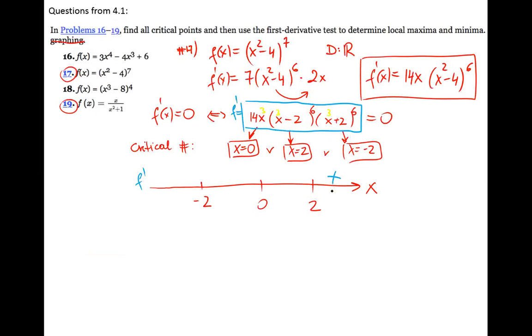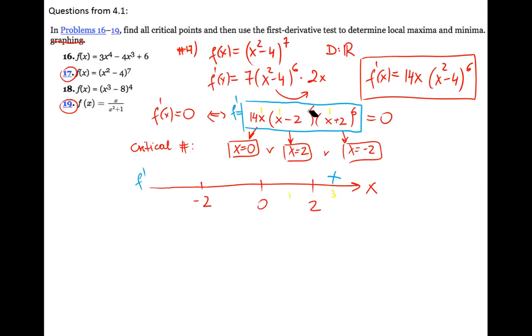Okay, I can keep that 3, but now I will test the second interval. Let's take a value between 0 and 2. Let's take 1. That means substituting 1 instead of x. 14 times 1 is positive. 1 minus 2 is negative, but can you see that 6? That even exponent doesn't really matter what I substitute instead of x. I will always have positive because I take the power of 6.